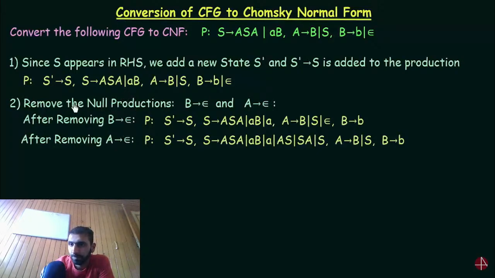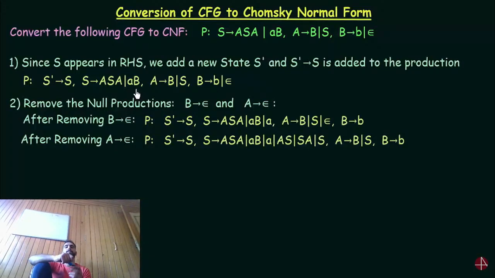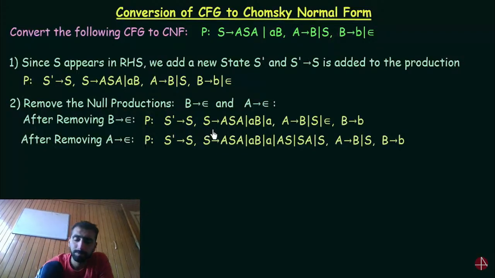Here there is no B in the first one, but in S gives ASA and AB, if we remove B from AB, the new production we get is just A. So I write S gives ASA, AB as it is, and then if you remove B from here, you will get a single A, which we write as a new production.